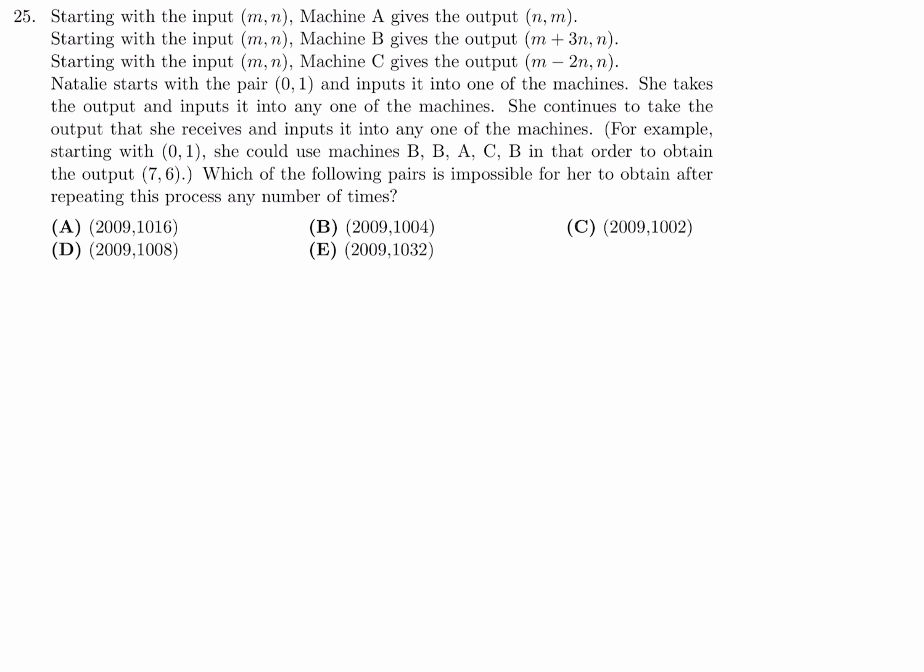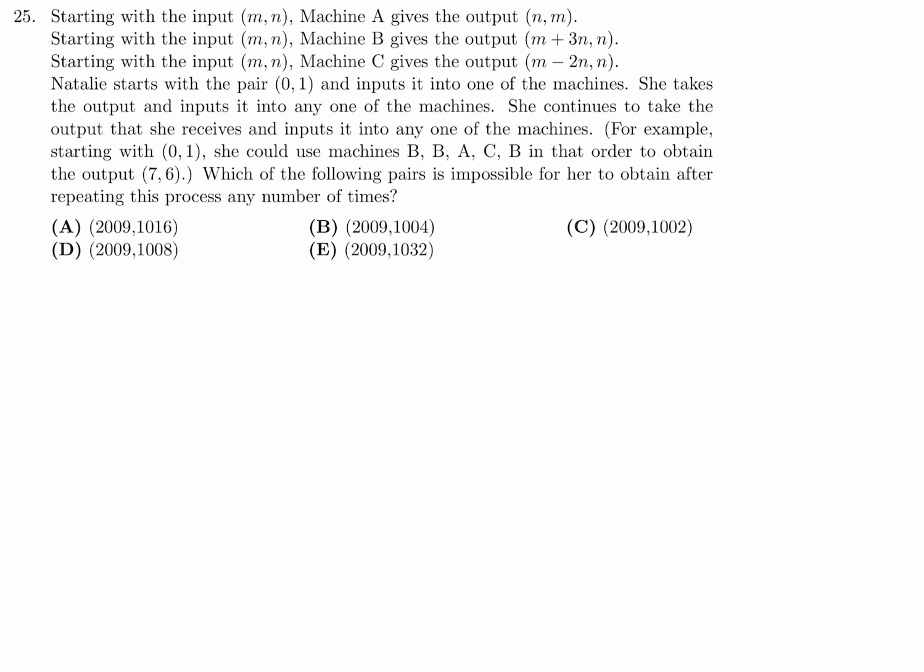Starting with the input (m, n), machine A gives the output (n, m). Starting with the input (m, n), machine B gives the output (m plus 3n, n). Starting with the input (m, n), machine C gives the output (m minus 2n, n). Natalie starts with the pair (0, 1) and inputs it into one of the machines.